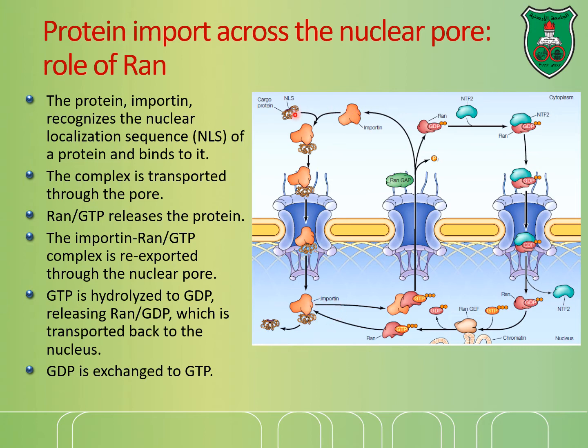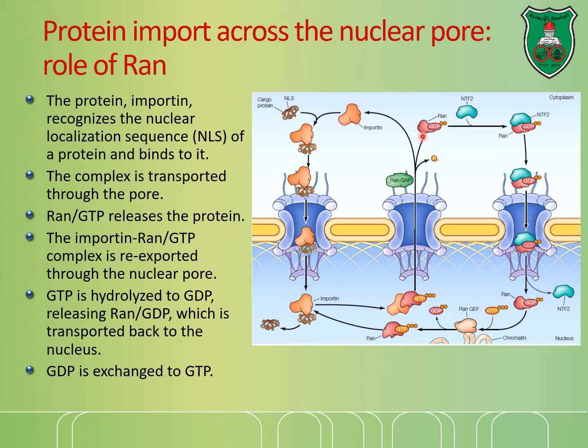Importin binds to the nuclear protein, it takes it inside. Once it's inside, it interacts with a protein called Ran when it is GTP bound, releasing the cargo protein. Importin and Ran, both of them go outside of the nucleus. Once they get outside, GTP is hydrolyzed to GDP, so Ran dissociates from importin. Importin can function again.